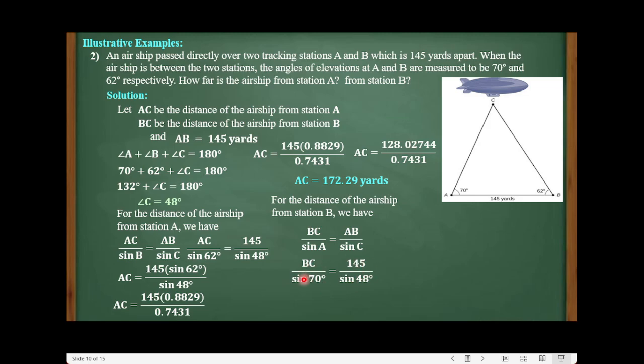Now, transforming the equation, solving for the length of segment BC, BC is equal to 145 multiplied by sine 70 degrees over sine of 48 degrees. And using your scientific calculator, we can determine the equivalent of these two. So the resulting equation would be 145 times 0.9397, which is your sine of 70 degrees, over 0.7431, which is the equivalent of sine of 48 degrees. Now, using your scientific calculator, we can compute for the length of segment BC.